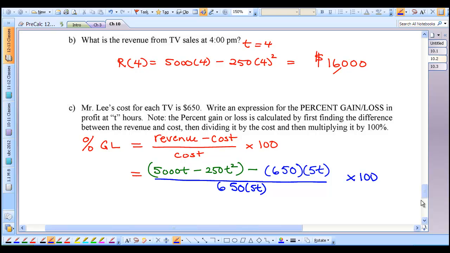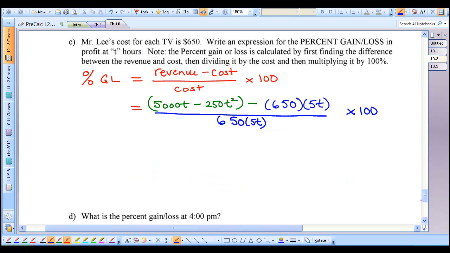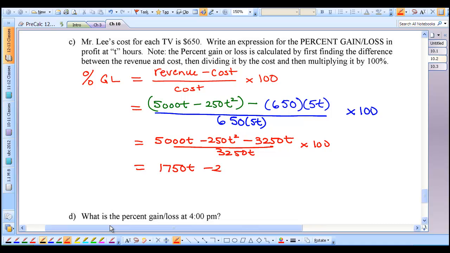Okay, so I want you to simplify this, please, and let's see what we get as our equation. 5,000T minus 250T squared. 650 times 5, what's that? I think that's 3250. Double check my work. All over 3250T times 100. Gonna simplify this because 5,000 minus 3250, I believe, is 1750T minus 250T squared, all over 3250T times 100.